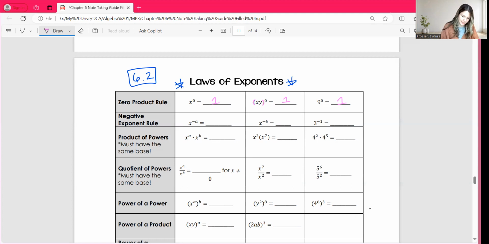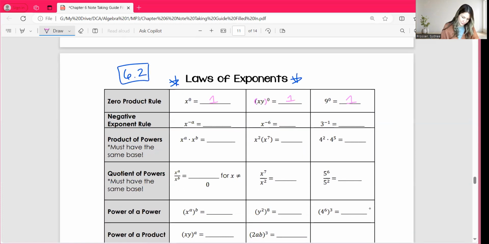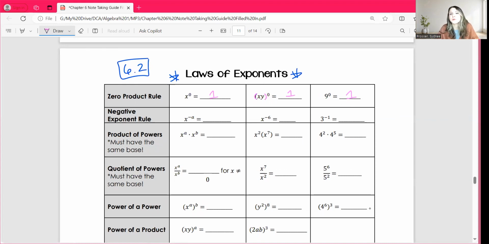Here's the next one, the negative exponent rule. A negative exponent becomes a fraction. This is really tricky, so be careful. When we have x raised to the negative a, it becomes positive when we move it to the denominator. Right now you can see this is like a fraction, x to the negative a over 1.